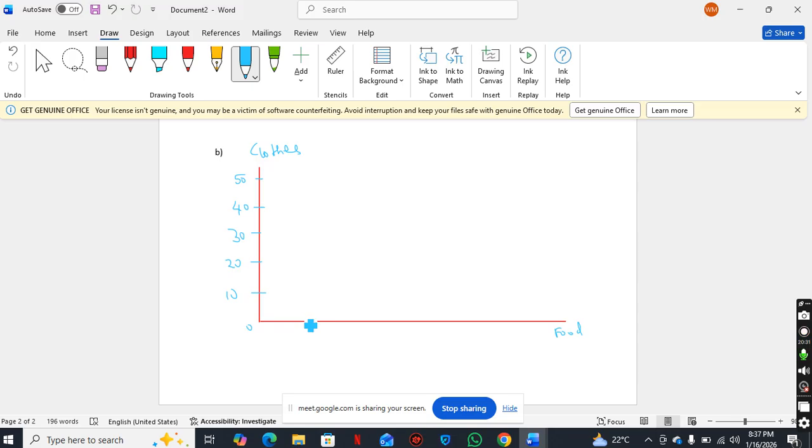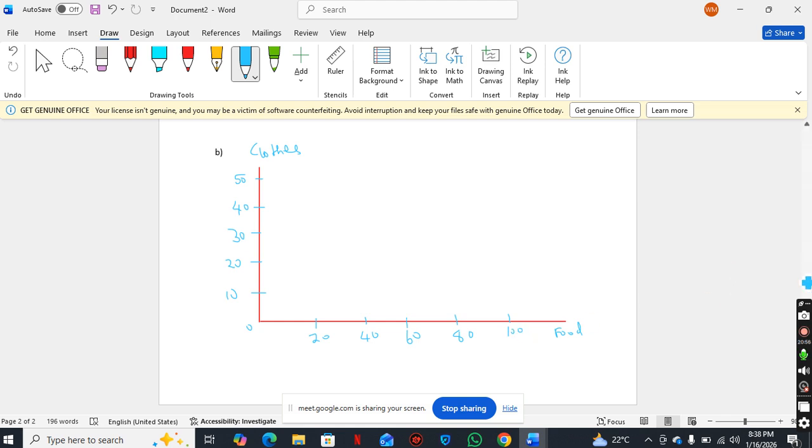For food we're going to have 20, 40, 60, 80, 100.